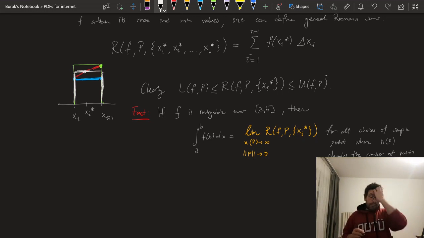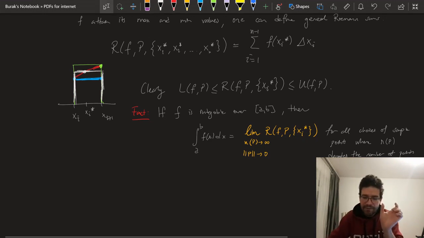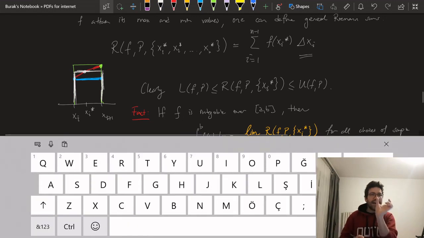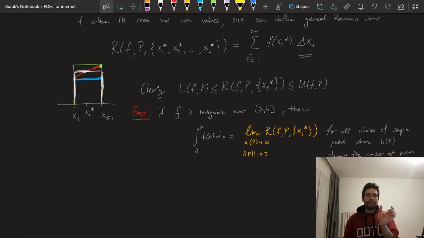So let me go over this. If you have an integrable function, the integral can be actually computed as follows. You take a partition, you take a general Riemann sum with whatever sample points you want to use, you compute your Riemann sum. Now do the following. Increase the number of points in your partition and increase them in such a way that the maximum delta x, you see we have delta x's here, the maximum delta x gets smaller.